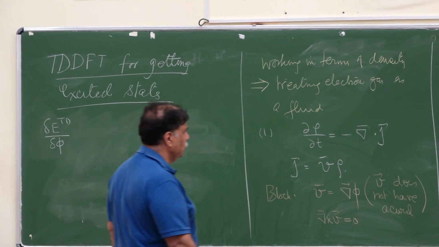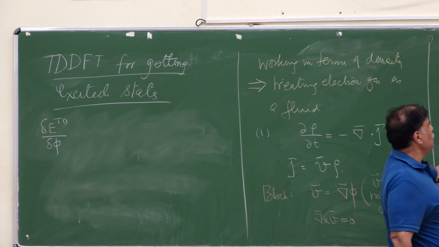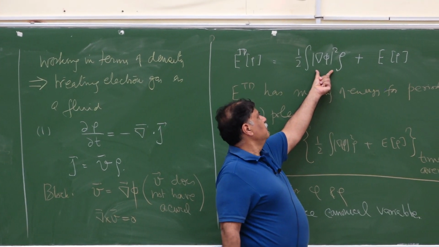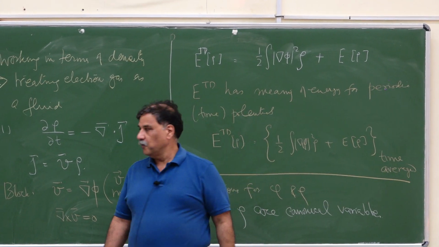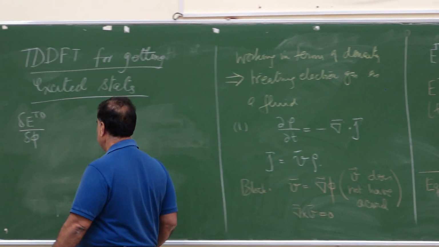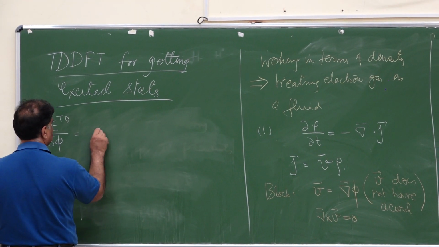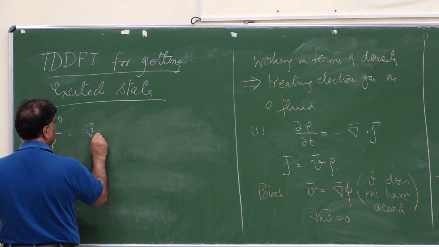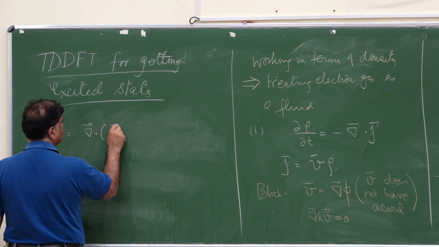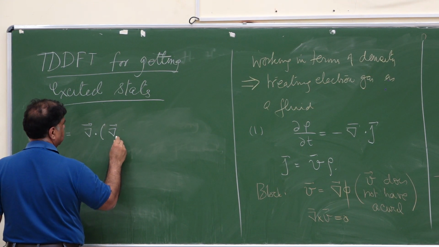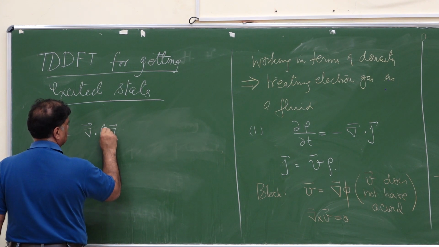And you know what to do in that case. In that case, all you're going to get here is a term from here itself. And what will that be? That will be the divergence of grad rho grad phi.